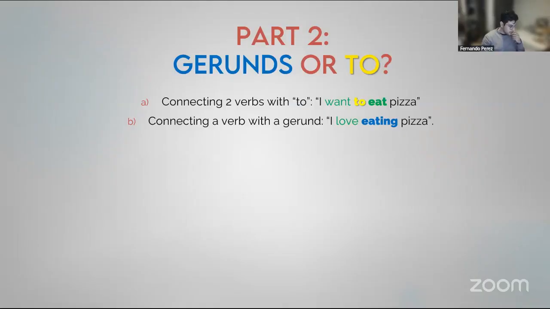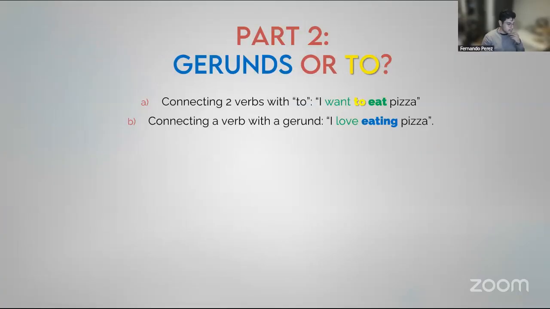Let me open the intermediate speaking strategies and I can pass you the list of words that need a gerund. Verbs that need gerund. I'm searching.